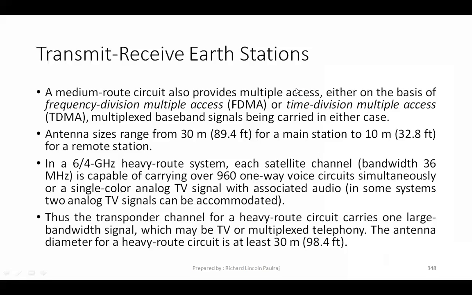So TDMA is time division multiple access, good, and FDMA is frequency division multiple access. Okay. And how do they differ from each other? Pawan Kumar, would you like to answer that? How do they differ from each other? Pawan?